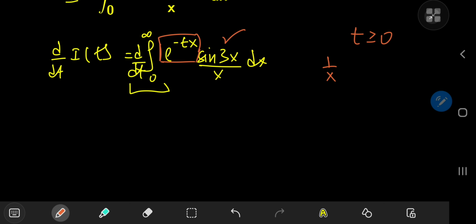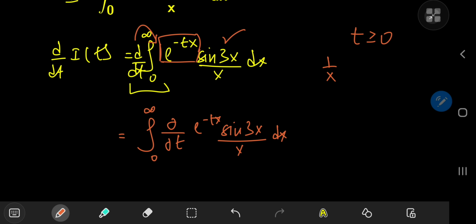So yeah, we can perform the switch up, and we have the integral from 0 to infinity of, because of the switch up, the total derivative becomes a partial one. So it's a partial derivative with respect to t of e to the negative tx times sine 3x divided by x dx.